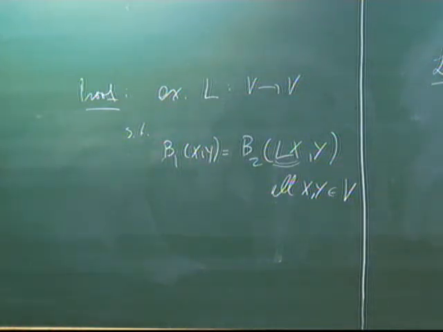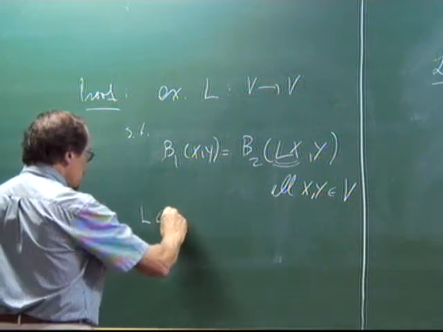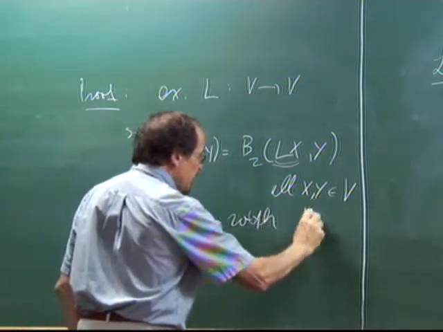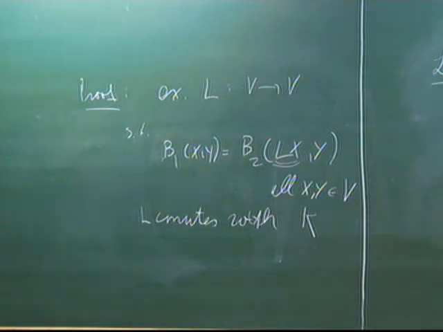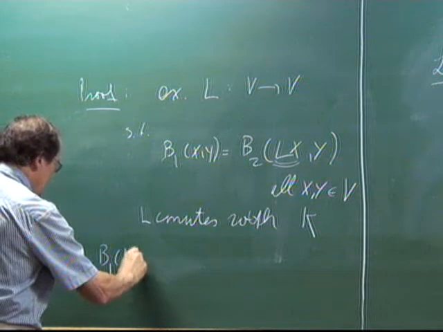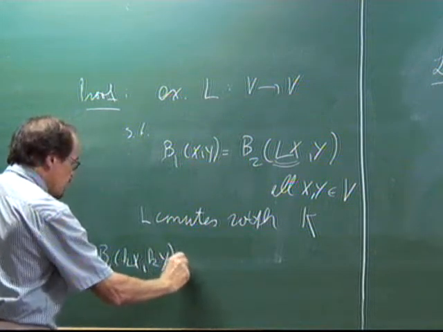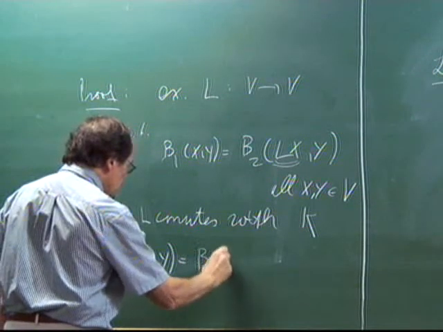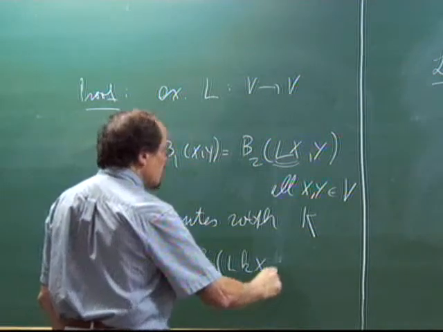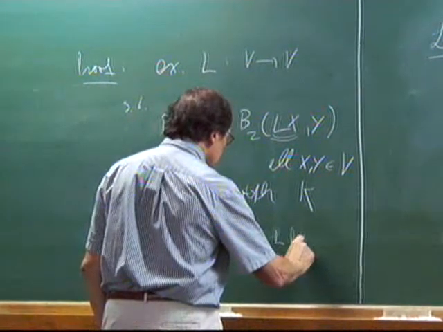Right. What property does L have? I claim L commutes with the action of K, just because both B1 and B2 are invariant. So let's see, B1 of Kx, Ky is equal to B2 of LKx, LKy by definition.